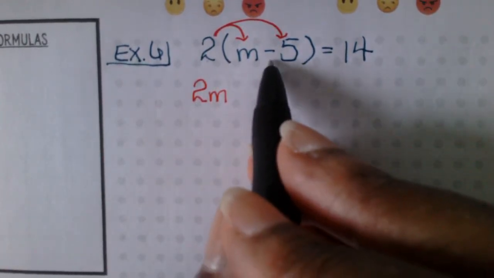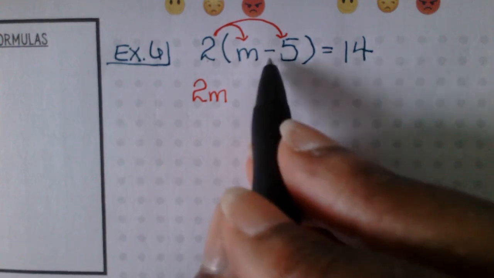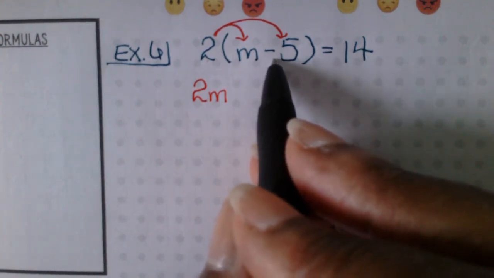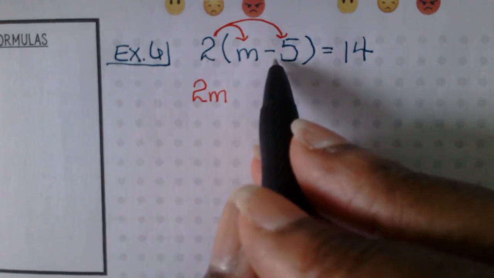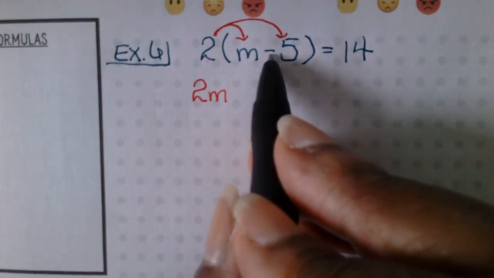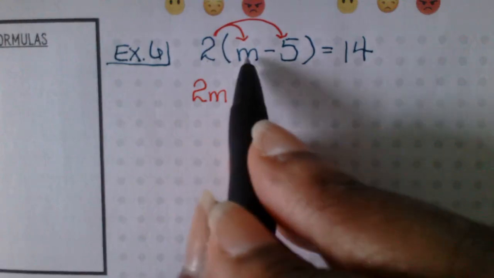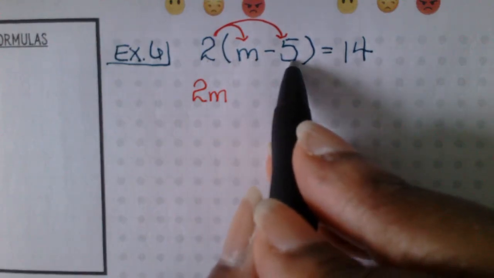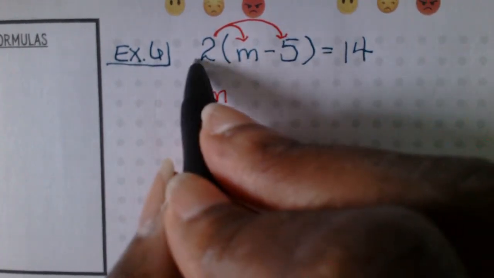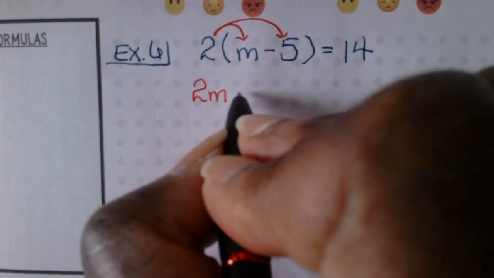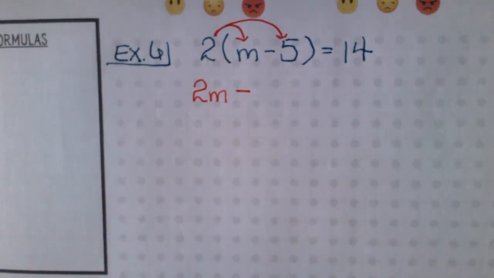Because once we start doing an operation, this is no longer a minus sign. And I think that's what confuses a lot of people. Treat this as a negative, and it's a negative not for the m, but for the 5. It's the signage for the 5. So a positive times a negative, when the signs are opposite, your answer is always going to be negative with multiplication or division.